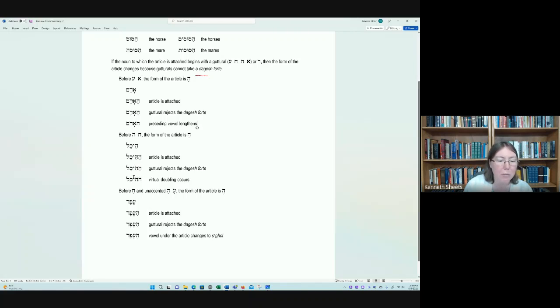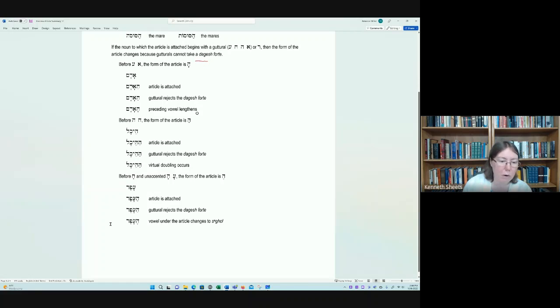So the guttural rejects the dagesh forte, but because the hey and the cheth are harsh gutturals, the preceding vowel does not lengthen, but something that we call virtual doubling, that is doubling which occurs in the pronunciation but is not represented by the dagesh forte. It is there, and so we have the form ha-heikal.